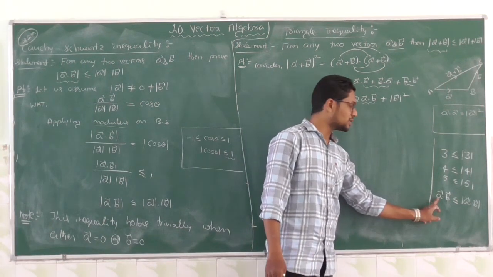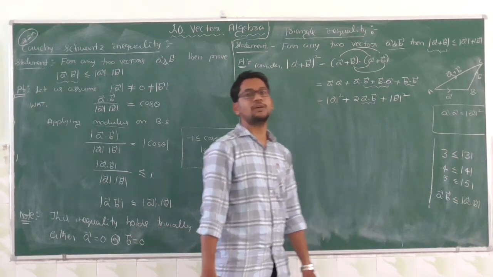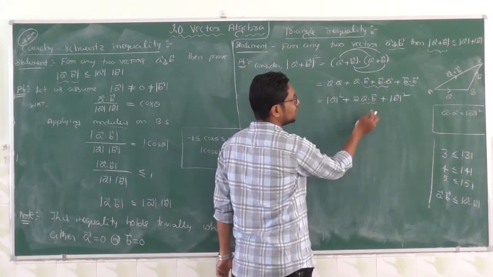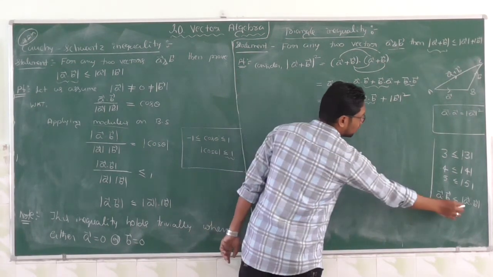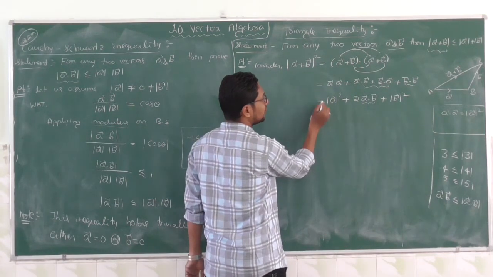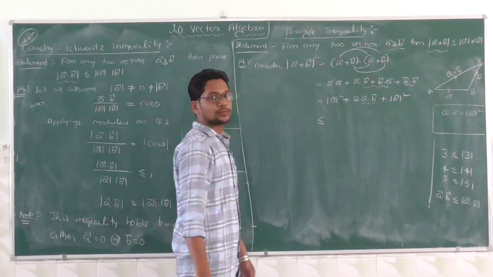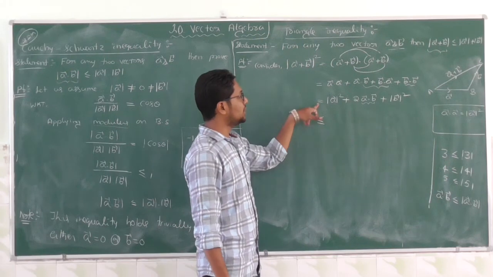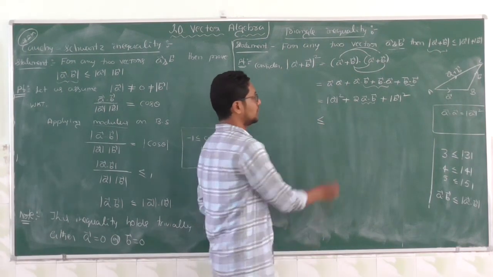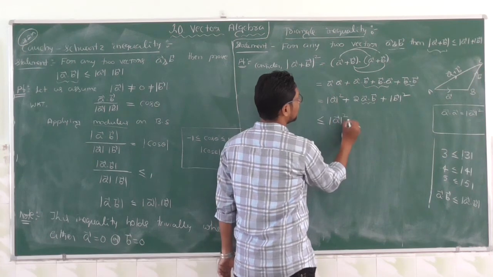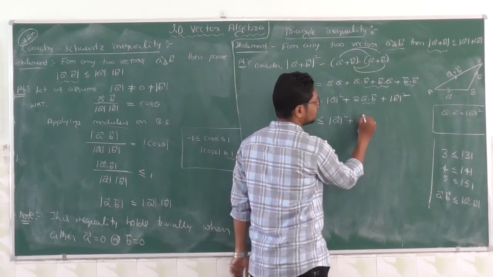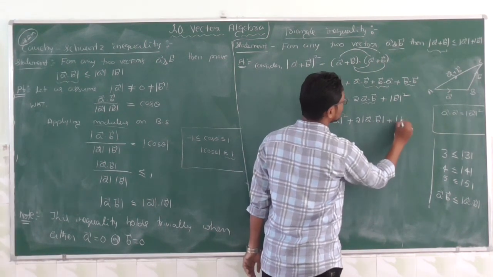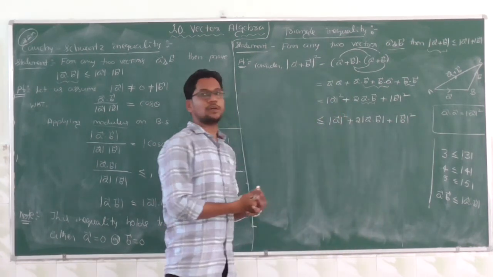Yes, we can, because A dot B is less than or equal to modulus of A dot B. I am using modulus of A dot B in place of A dot B, so in the next step the equals symbol changes to less than or equal to: less than or equal to magnitude of A squared plus 2 times modulus of A dot B plus magnitude of B squared.